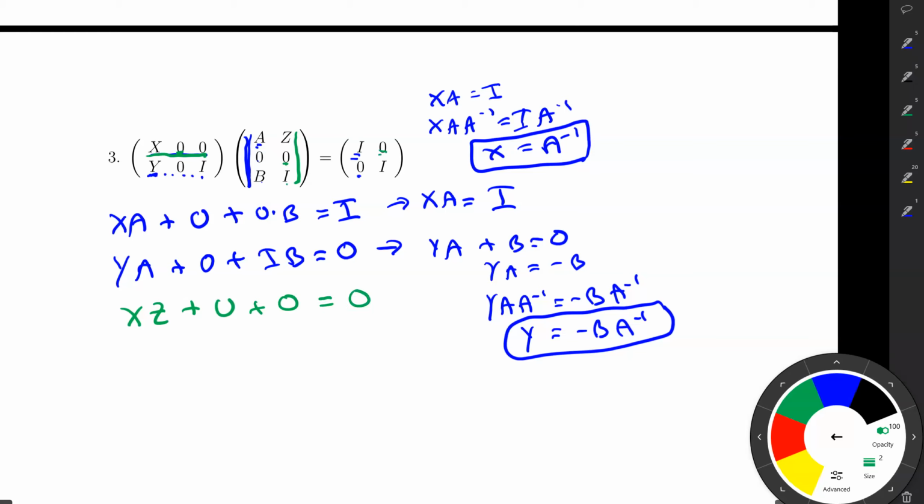That equals 0. So then, look at this: XZ equals 0, and X is equal to A inverse. So A inverse Z equals 0. I can multiply both sides on the left by A. So I get Z equals 0.